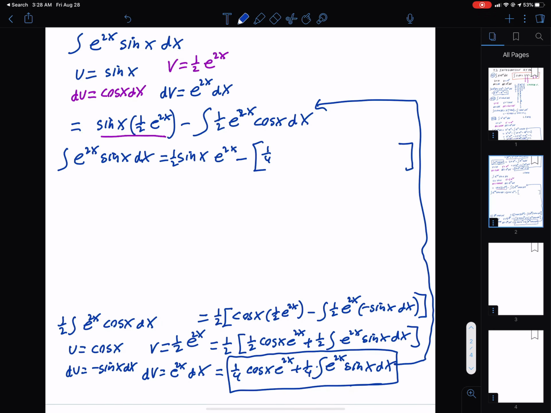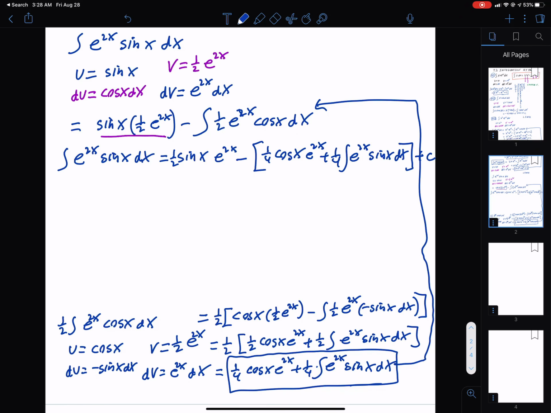So I get 1/4 cos x e to the 2x plus 1/4 integral e to the 2x sine x dx. I'm going to put a plus c at the end of that whole thing.